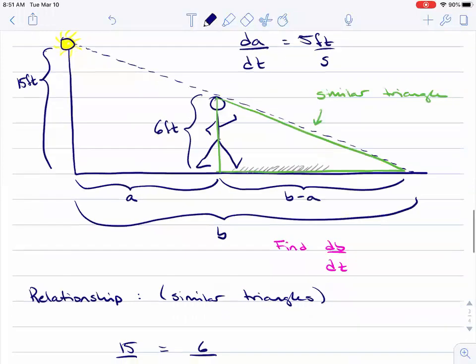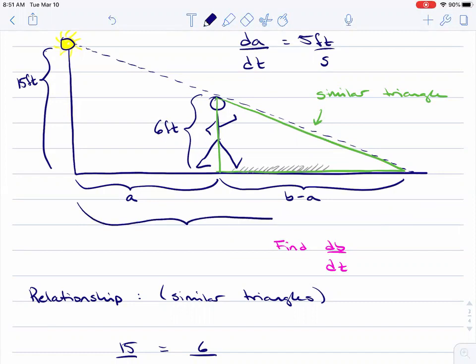Maybe it only goes to the tip of the shadow, like so, then this distance is going to be b minus a.